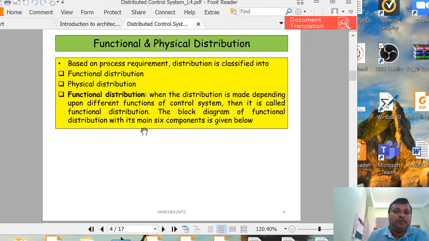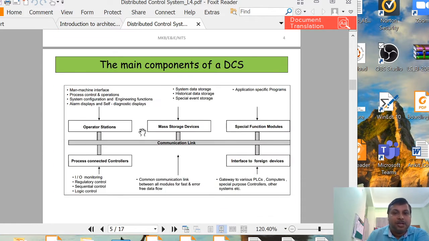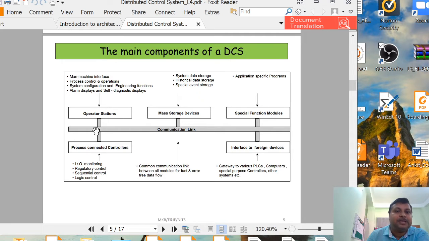The block diagram of the functional distribution is shown here, where we can see the main 6 components of DCS: operator station, mass storage devices, special function modules, process connected controllers and interface to foreign devices, along with the communication link. These are the 6 major components in any distributed control system.